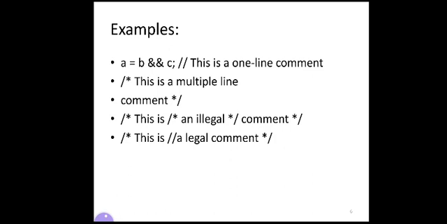Once you start a multiple line comment, it has to be ended only with the multiple comment symbol; within a multiple line comment, the multiple comment symbol cannot be used. That's why it is illegal, using another multiple line comment within a multiple line comment.